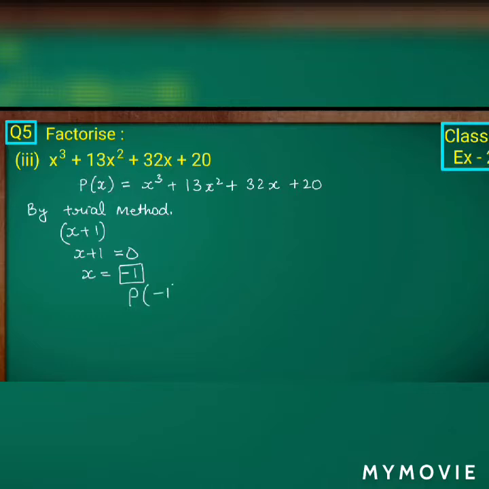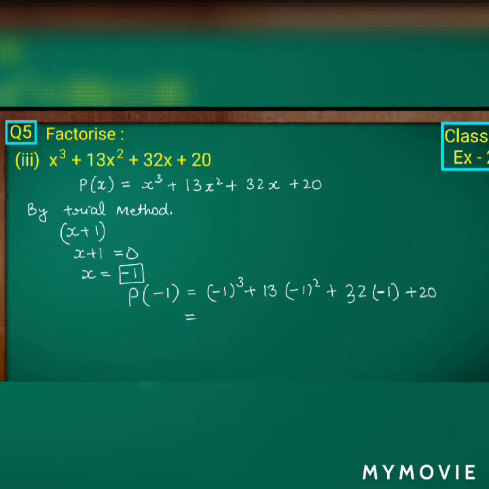So p of minus 1 becomes minus 1 whole cube plus 13 into minus 1 whole square plus 32 into minus 1 plus 20. If we get 0, then x plus 1 will be a factor of the given polynomial.